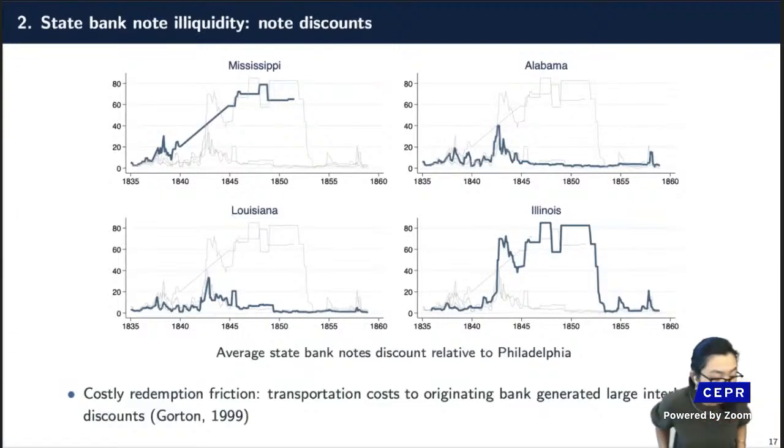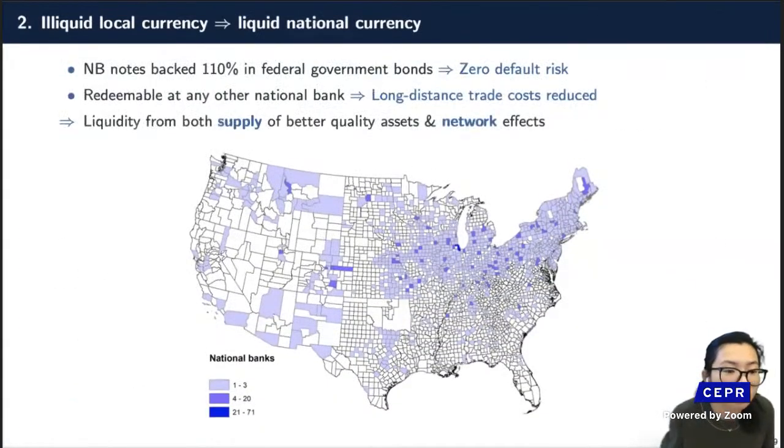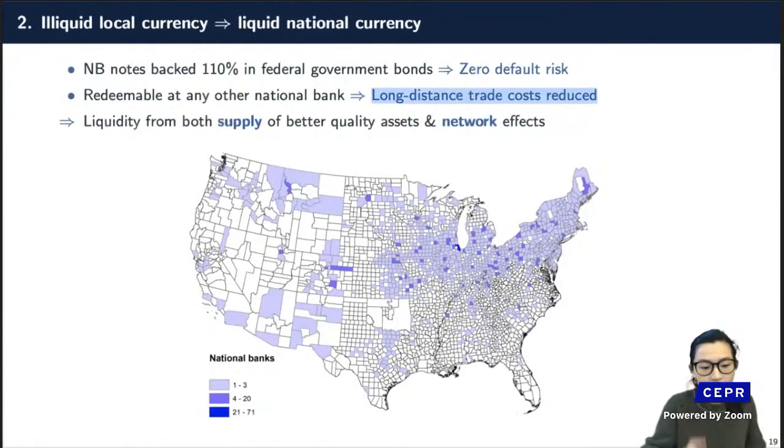Yeah. Okay. So I think what you're getting at is broadly this idea that maybe we shouldn't expect there to be much of a gap. I say that long distance trade costs are particularly affected because of these notes, and maybe we shouldn't expect that to be affected because there were already alternatives that worked well.